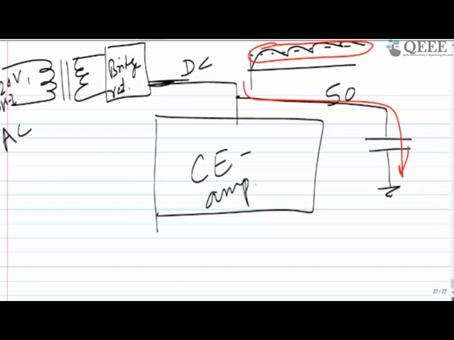So all the pulsating DC or the AC waveform which is at 50 hertz will go to ground, but this will not allow any DC. DC will not go here, but it will be applied only to this circuit. So this kind of capacitor is known as a decoupling capacitor, because it's decoupling the DC quantity.